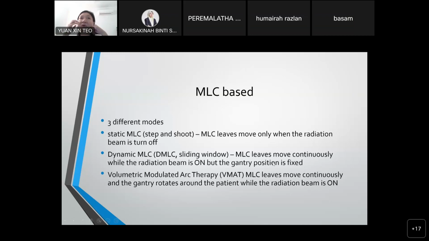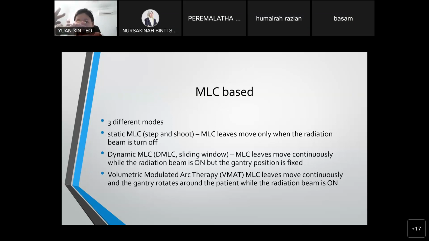So when I am at gantry position 0 angle, there are a lot of small fields for that beam. The MLC leaves will move continuously and the radiation beam is on. These two, step and shoot and sliding window, are the IMRT patterns.